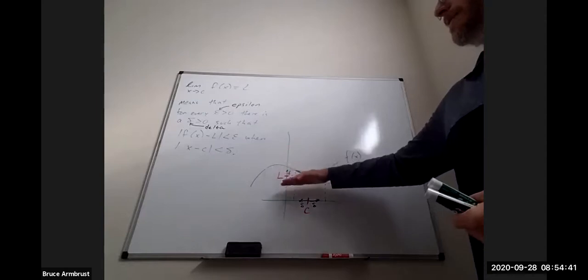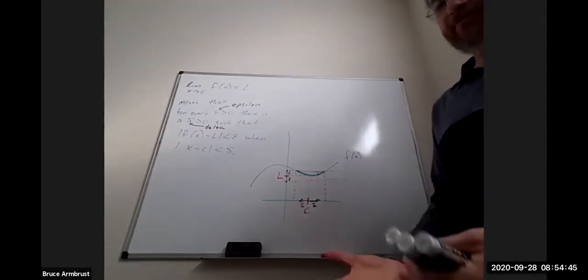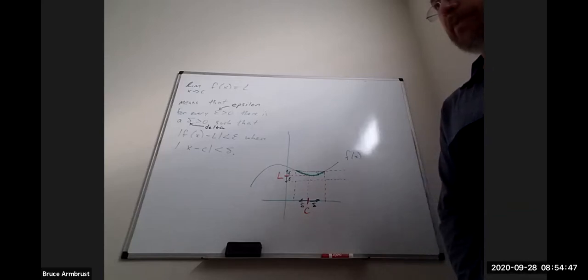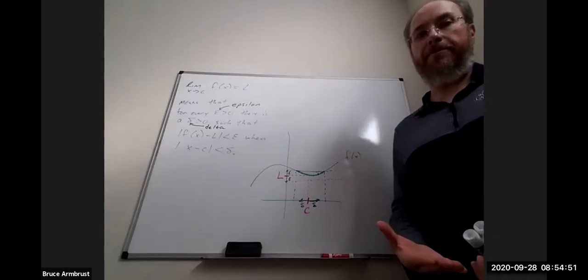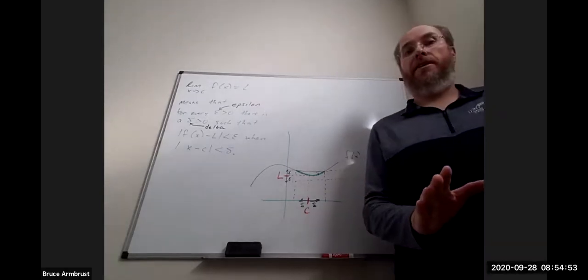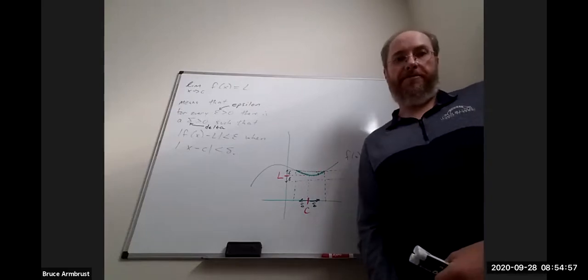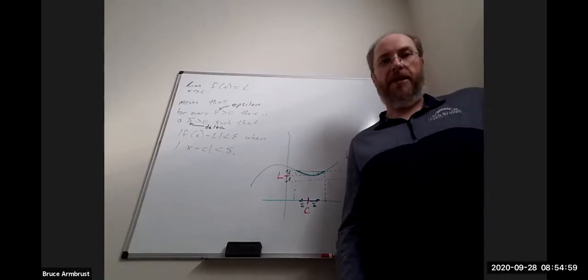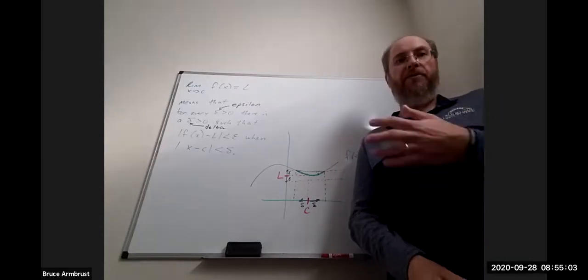So epsilon is how far we are from the limit. That sets how close we've got to be. And then we go and find a delta. So think of this as a game, a challenge. Someone's going to give you an epsilon. Or you might say, hey Bruce, give me an epsilon, and I say, all right, I want you to be within 0.05.